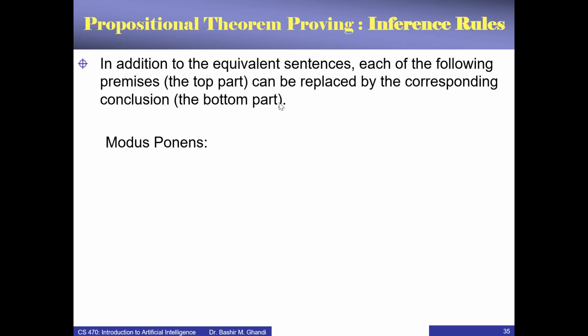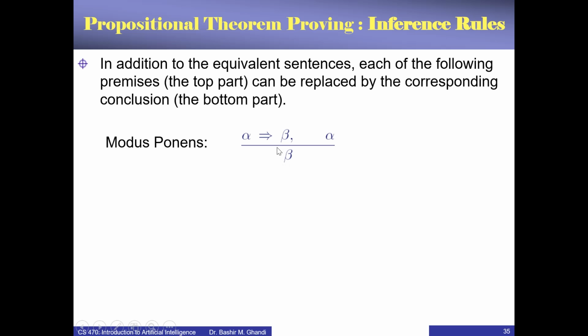The first one is called modus ponens. It says if alpha implies beta and alpha is true, then we can conclude beta.